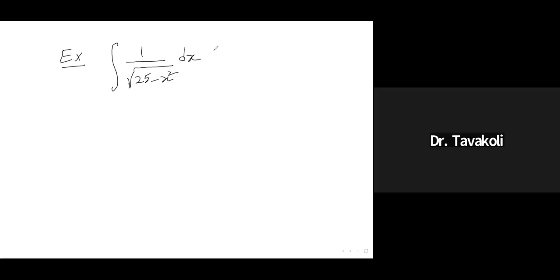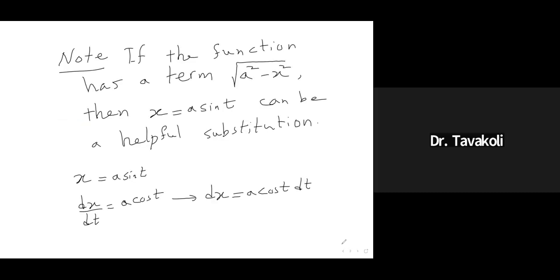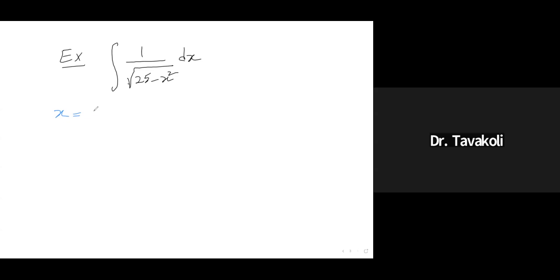So I see that here there is a term radical 25 minus x squared. So if I want to use substitution, x is going to be what? That 25 is like a squared. So a is 5.